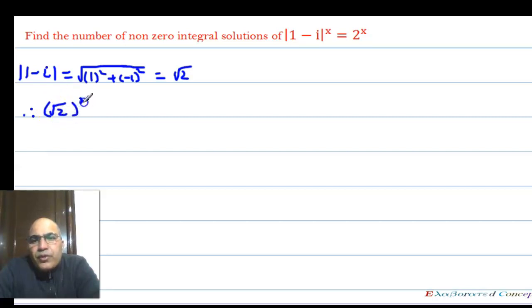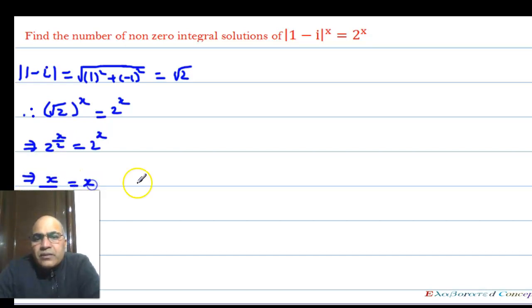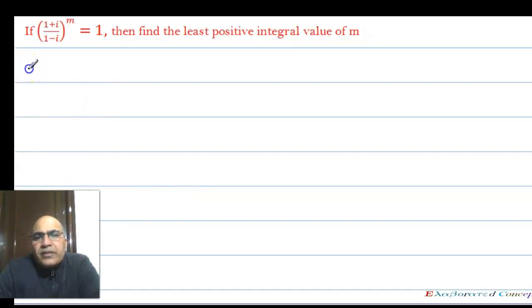We get root 2 raised to power x equals 2 raised to power x. This implies x by 2 equals x. This implies x minus x by 2 equals 0, which implies x is equal to 0. Therefore, there is no non-zero integral solution of x.